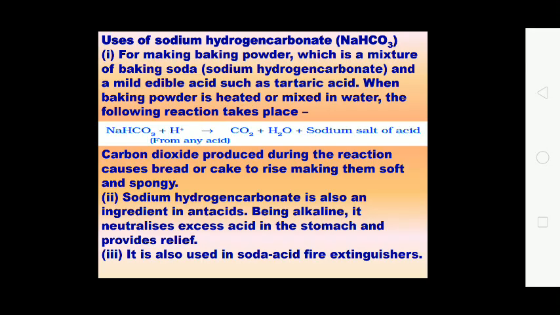During acidity, we take antacids, right? So sodium hydrogen carbonate is also an ingredient in antacids. As I told you, sodium hydrogen carbonate is alkaline, meaning basic in nature, so it neutralizes the excess acid which is produced in the stomach during acidity and provides us relief.